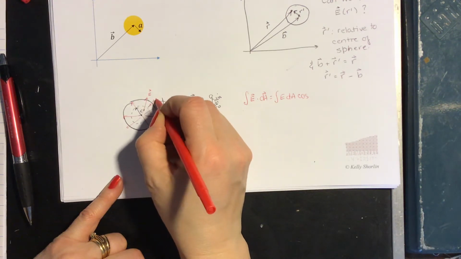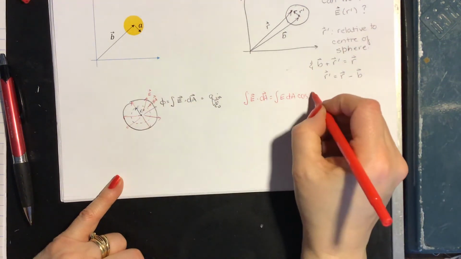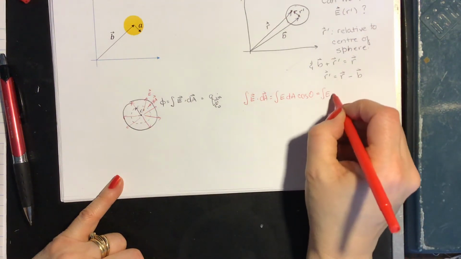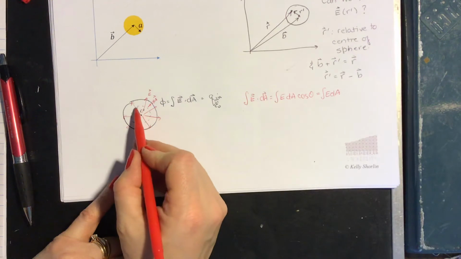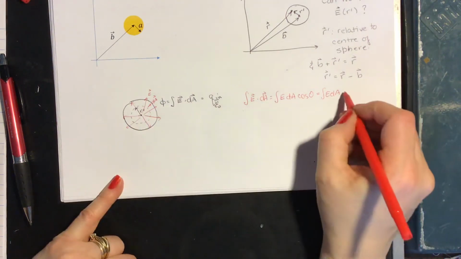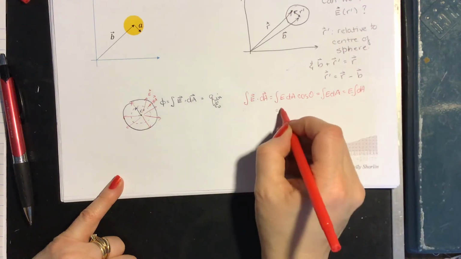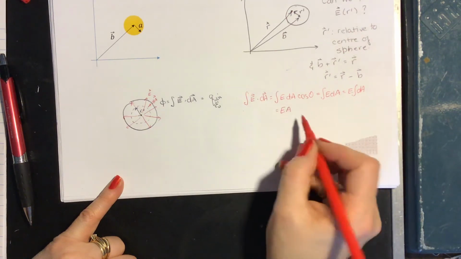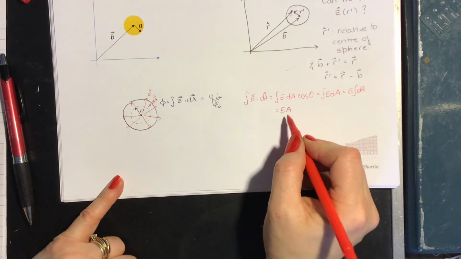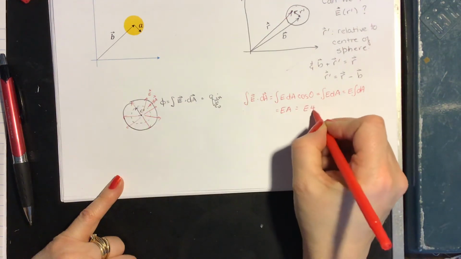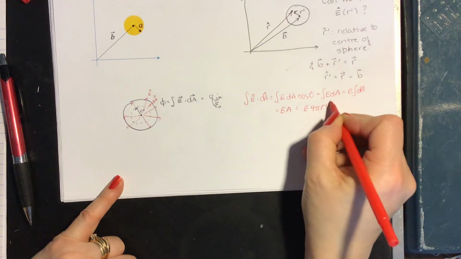Those guys are parallel, so it's E times dA times cosine 0. The electric field, when we're a constant distance away, is a constant value, so E comes outside of dA, leaving us with E times A. A is the area of our Gaussian surface. Our Gaussian surface is a sphere, and it has an area of 4 pi r primed squared. There's that side of the integral.